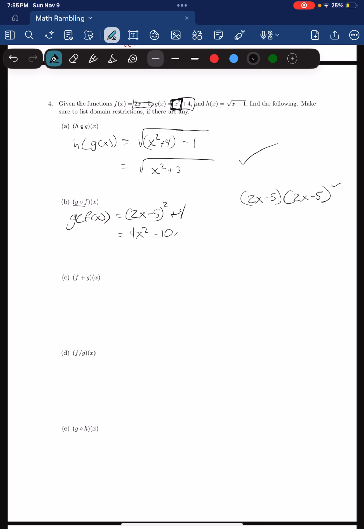Let's see, minus 10x plus 25 should be right. 2 times should be 20. All right, and then don't forget our plus 4. Okay, so 4x squared minus 20x plus 29.